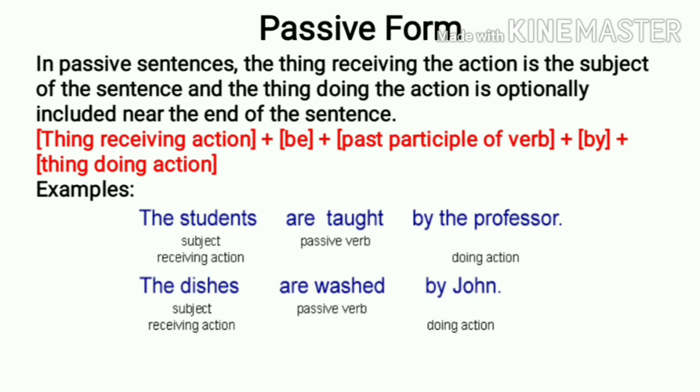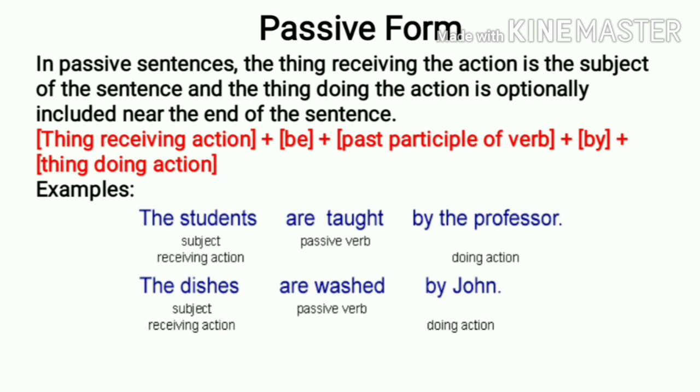Professor is doing the action. That means doer, the person doing the action, is at the end of the sentence. The same sentence we have seen in active voice, the professor teaches the students. So the object of active voice became the subject of passive voice here.